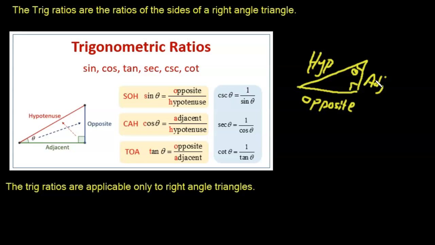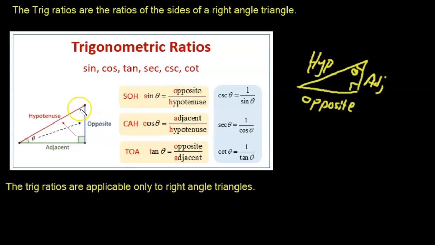So it's very important for us to understand that concept, opposite and adjacent. Opposite, as I said, is a comparative adjective, and therefore, when you use the word opposite, it's not a fixed side. It depends on the angle you are referring to. So in this case, if you're referring to this angle, then this is the opposite side.